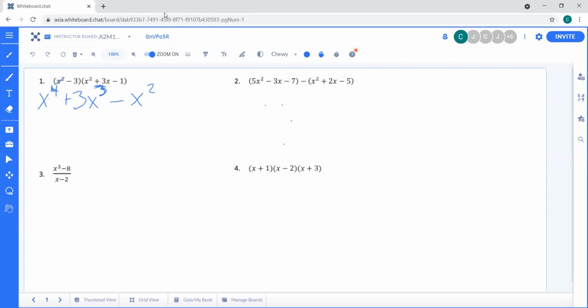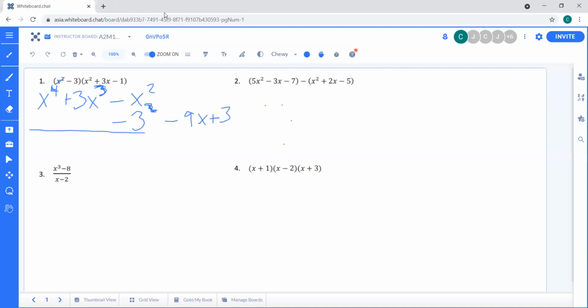So since we start with negative 3x squared, I'm going to go ahead and just write it over here because I'm going to add like terms here in a second. And then negative 3 times a positive 3x. Negative 3 times negative 1 is a 3.